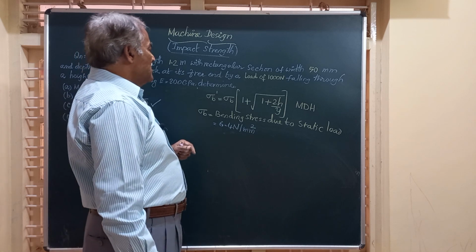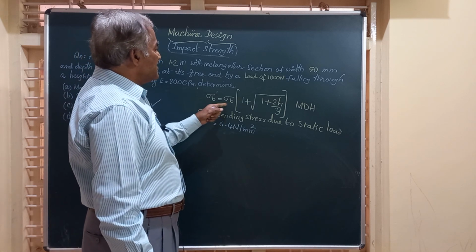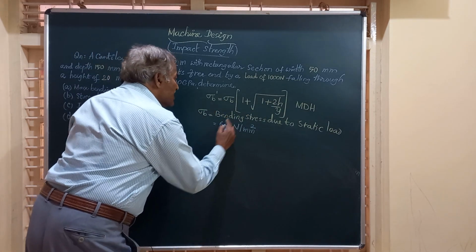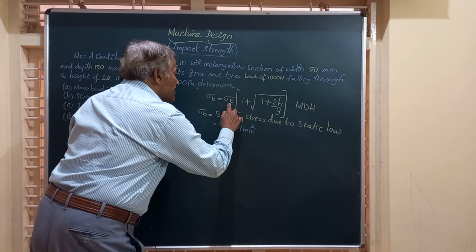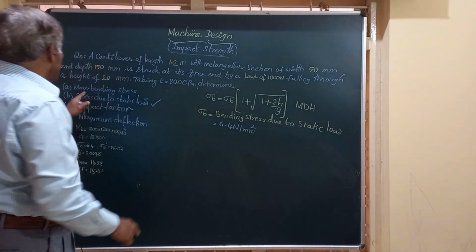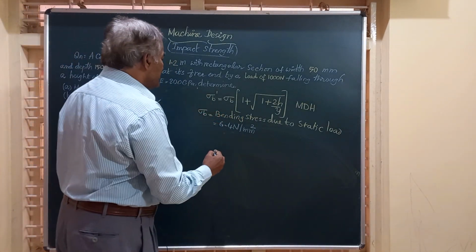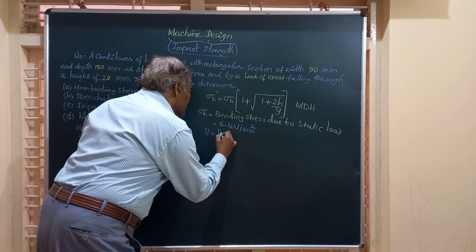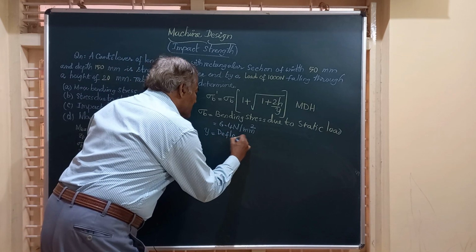Next, friends, to find the value of this y, let's see what is the value of y, because only if you know this y and sigma b, you will be able to find out sigma b dash, that is the maximum bending stress. Hence, friends, y is the deflection due to static load.